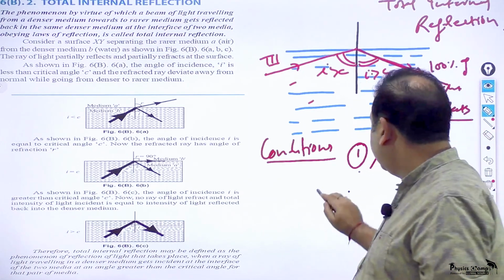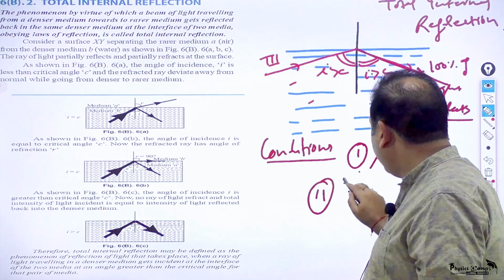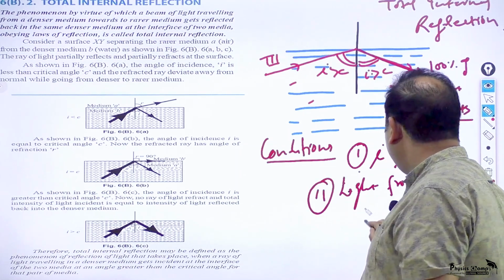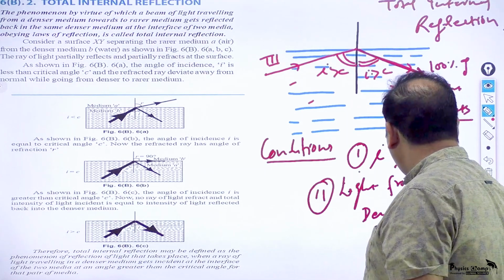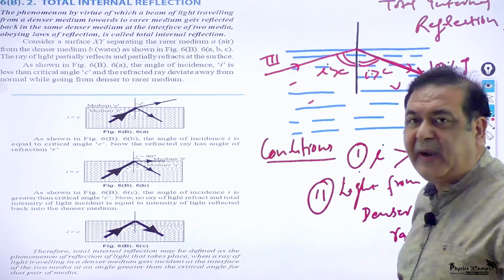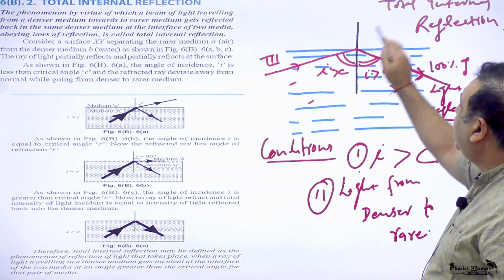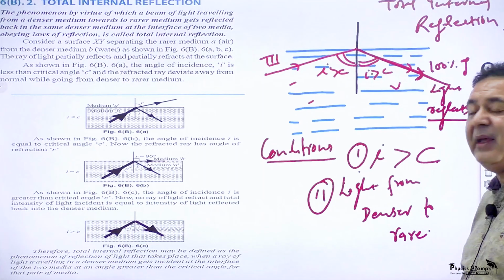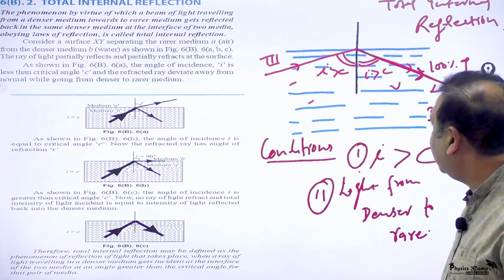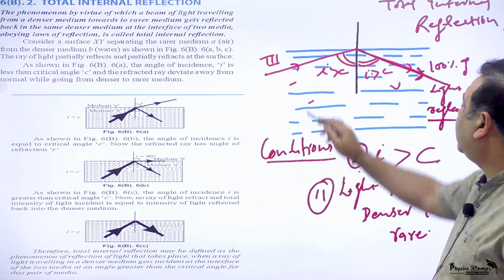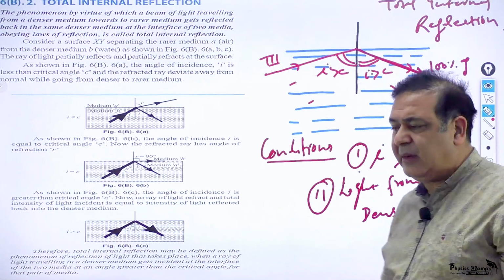And second, the light should go from denser medium to rare medium. In these two situations, we observe total internal reflection, where 100% of the light beam reflects back into the same medium.